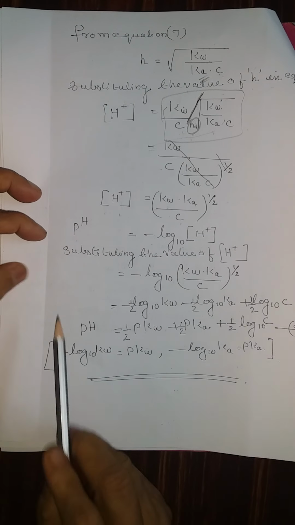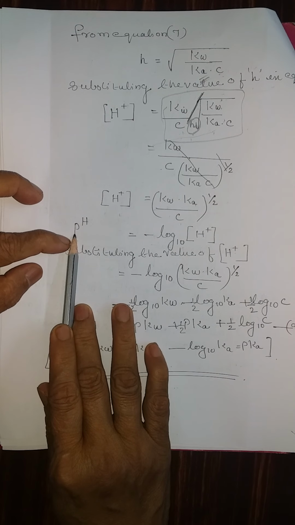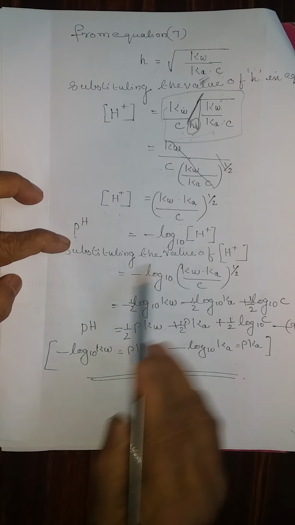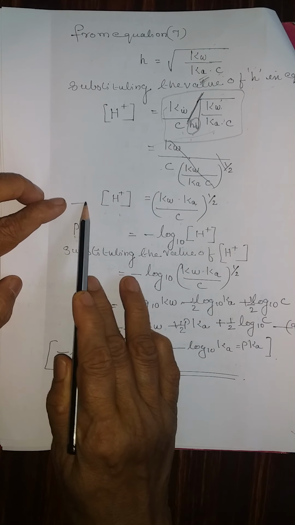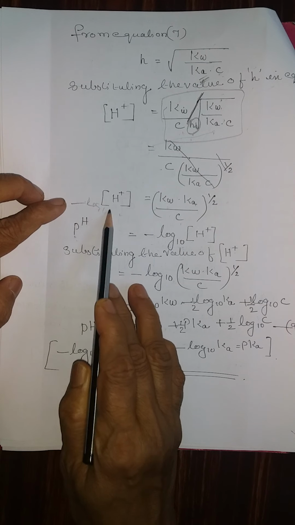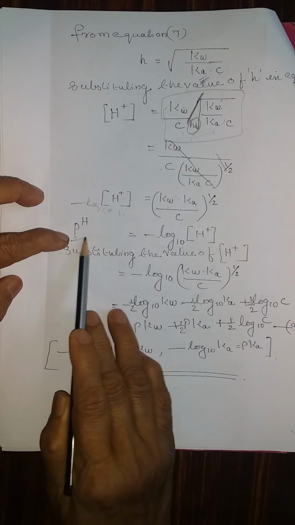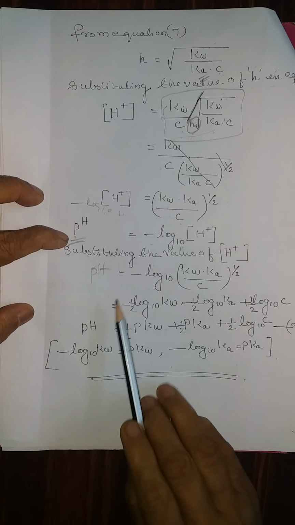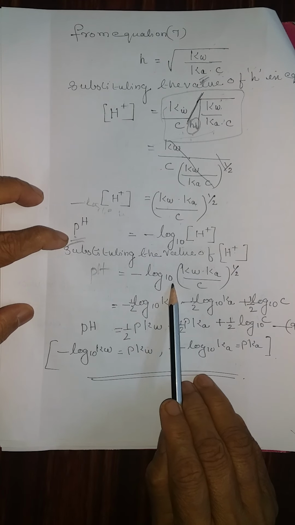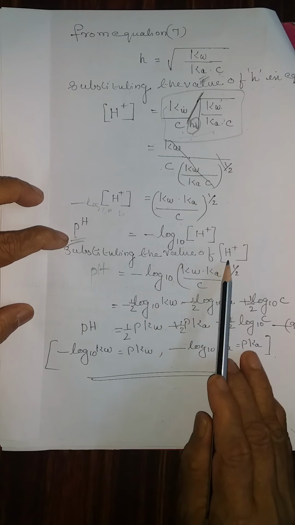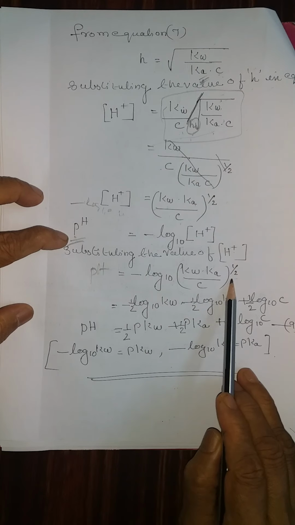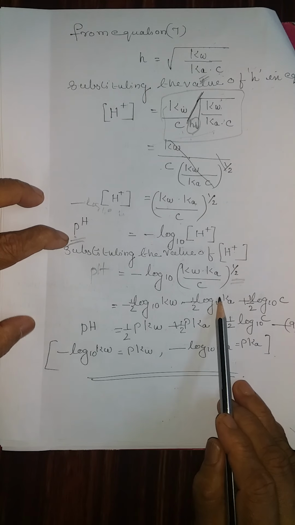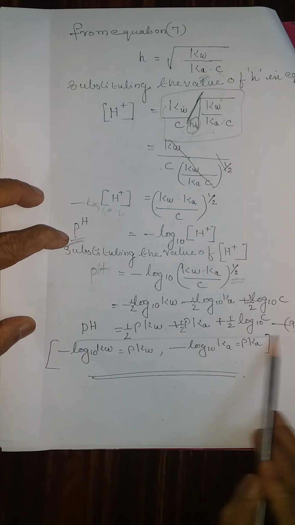Therefore, pH is equal to minus log to the base 10 of this full factor raised to the power half. Now expand the equation, simplify, and you will get the final answer.